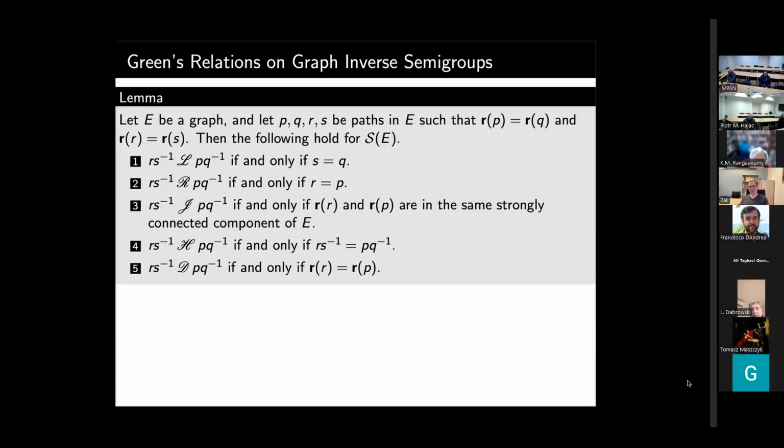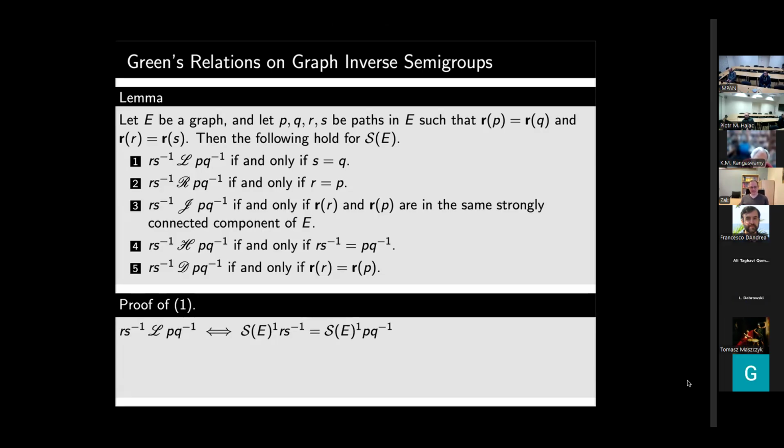So let me show you how to prove the first one because it's fairly simple. The others are likewise. Some of them are a little bit more complicated. So suppose you have two elements and they generate the same left ideal.